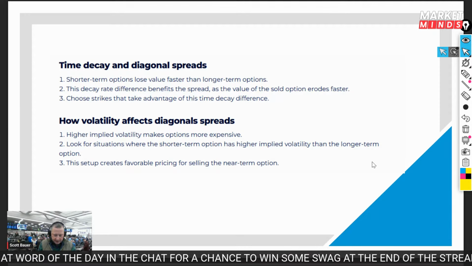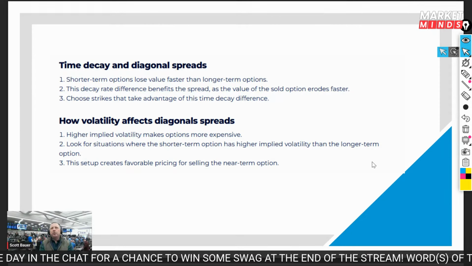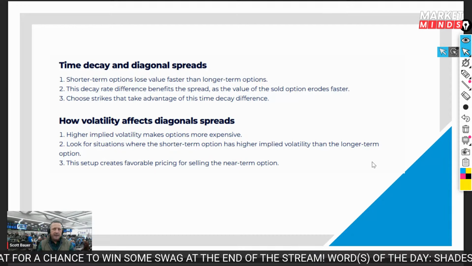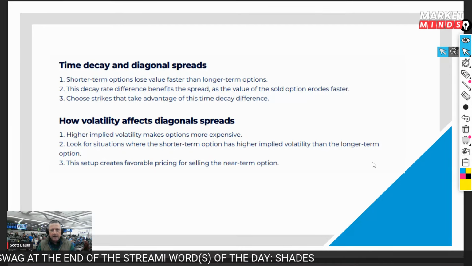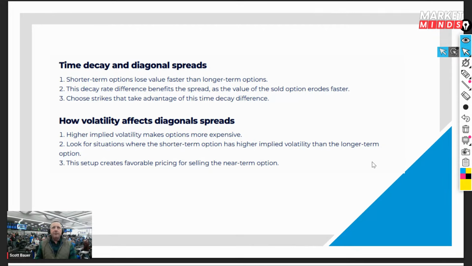In a situation where we're not looking at extended implied volatility because of earnings, being long that volatility, long the further out option, gives us increased exposure to a change in volatility, or positive vega. So it's an ideal type of trade when volatility is really, really low.